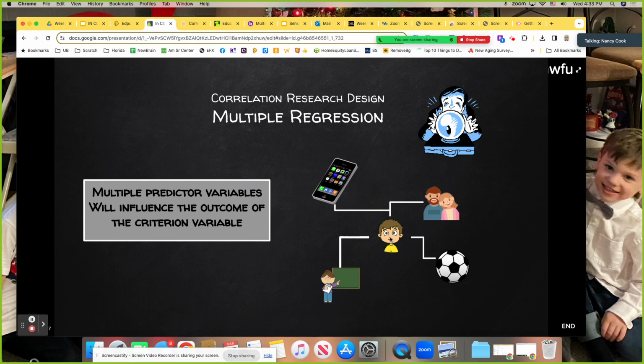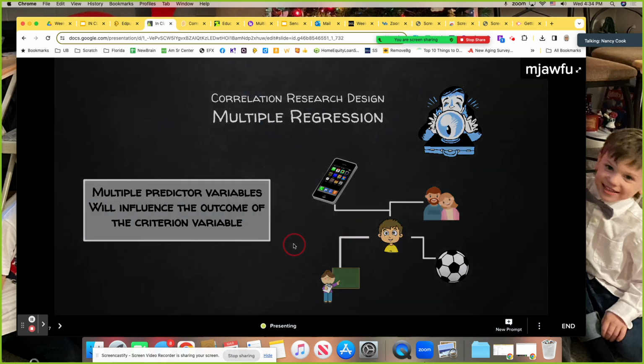So we can look at correlations between all of them in a multiple regression. We'll collect data about how long he spends on his phone each day, about his parents and what they do, and about his sports and about his teacher. And then we can see how they all impact his grades. This is called a multiple regression.